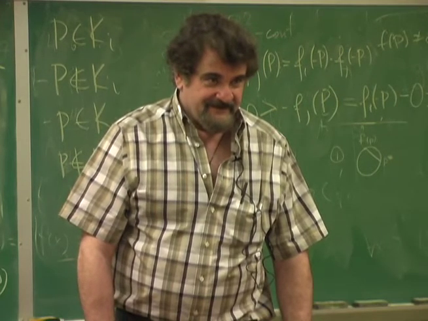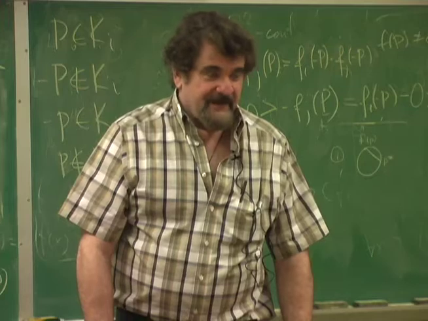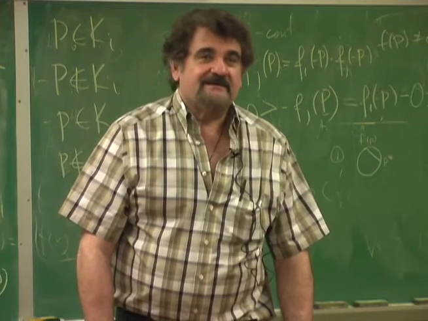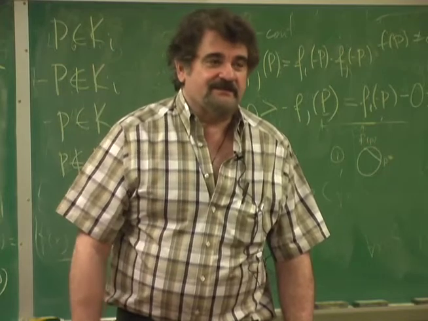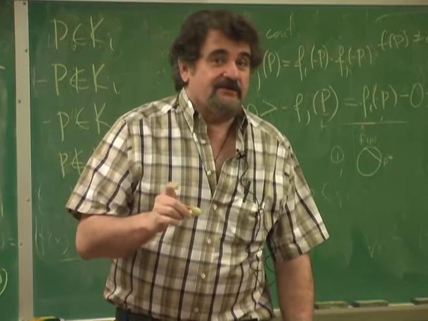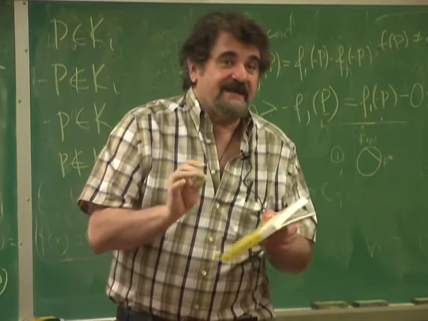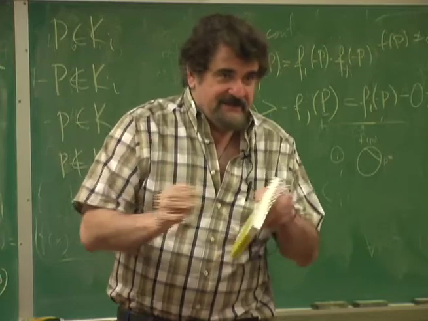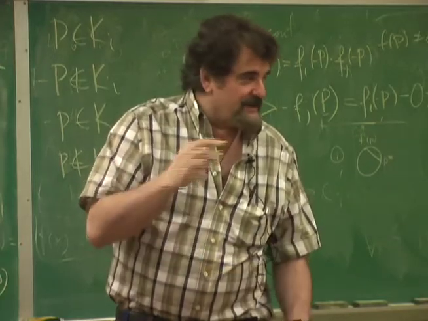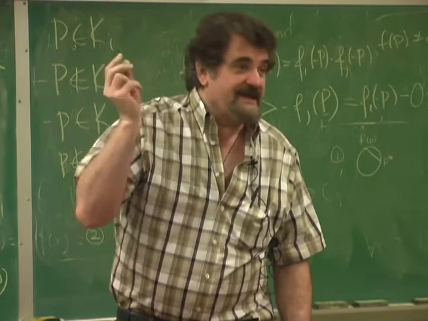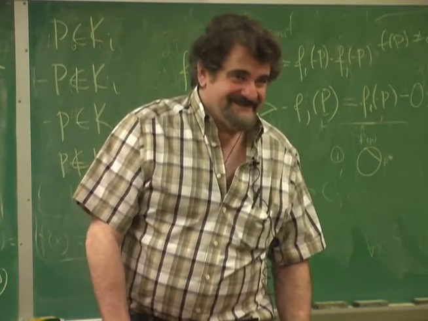Correct? And if the diameter is less than 2, the pieces of the sphere cannot contain opposite points. But then I can stretch these sets a little bit, making them a little bigger so that the diameter is still less than 2. Correct? But now they're covering everything. End of story.